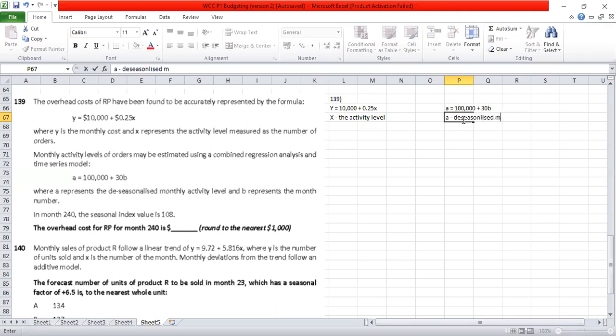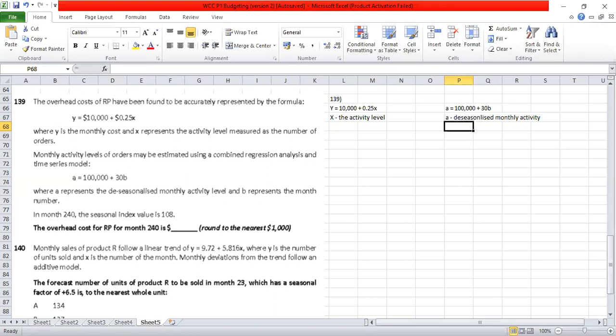If we find the value of A, it can be substituted in place of X. X represents the activity level. A also represents the activity level, but that is the activity level which is deseasonalized.